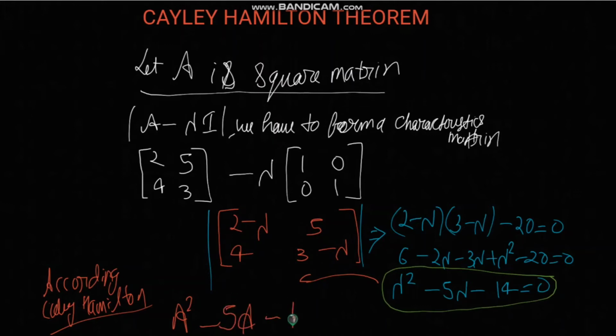It means we have to form a characteristic equation using lambda, then put the matrix in the place of lambda. If we put A at the place of lambda, then we get this relation in the form of A, the square matrix taken initially. So this is the pure thing of the Cayley-Hamilton theorem.